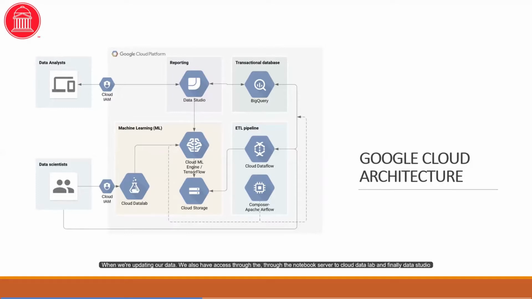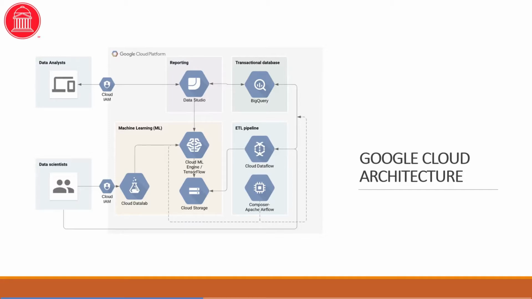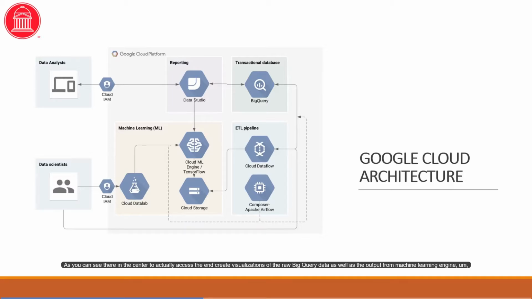We also have access through the notebook server to Cloud Datalab, and finally Data Studio, as you can see there in the center, to actually access and create visualizations of the raw BigQuery data, as well as the output from Machine Learning Engine.